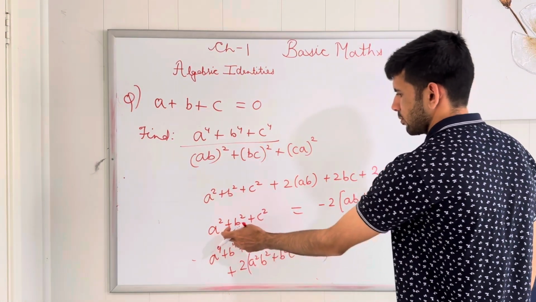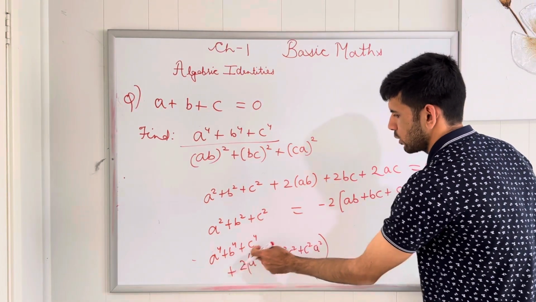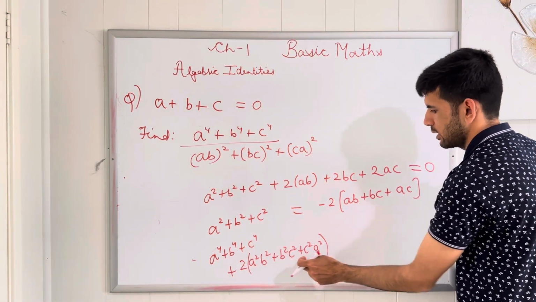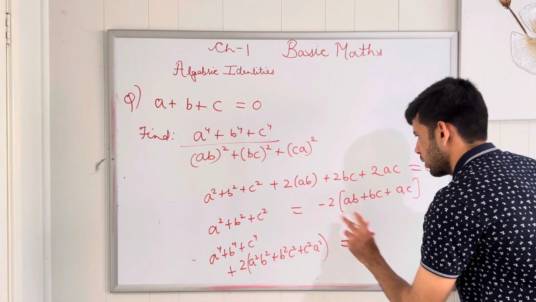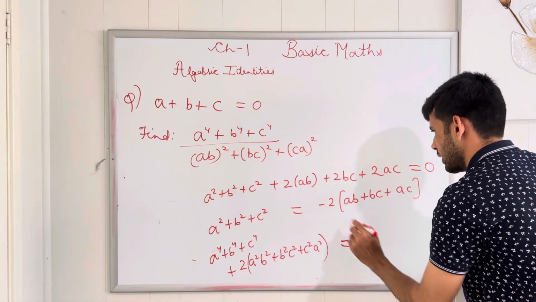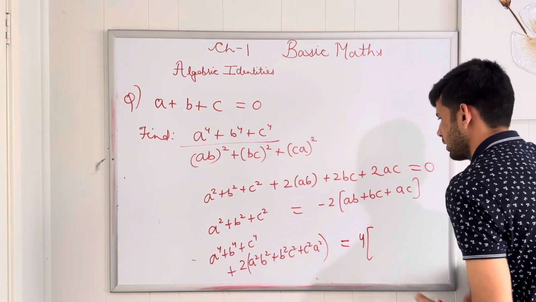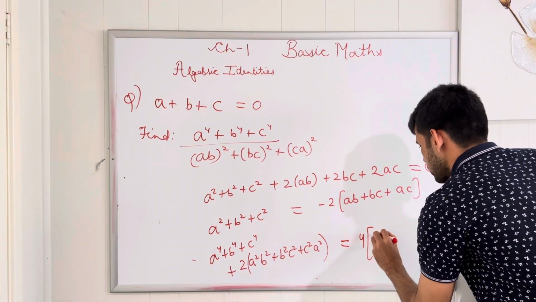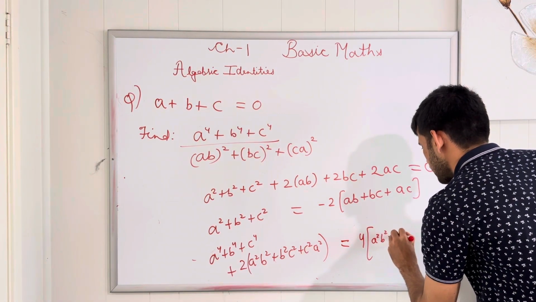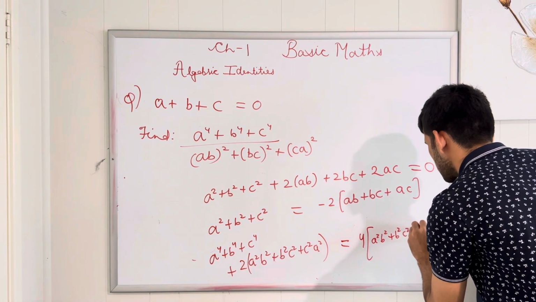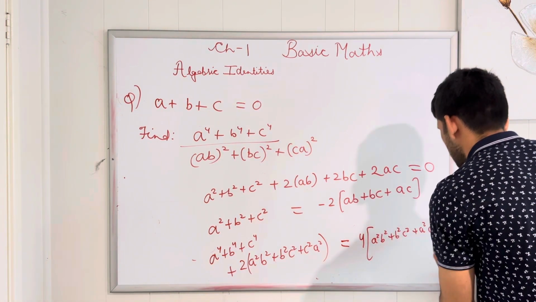This is just like x y z. So x square plus y square plus z square plus 2xy yz and zx is equal to, if I take the whole square of this side, then this 2 will become 4, and in the bracket this will be a square b square plus b square c square plus a square c square, right?